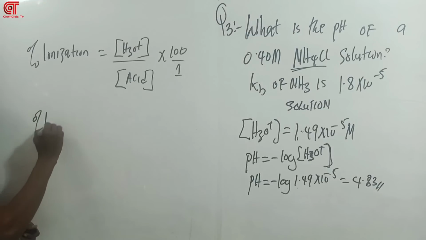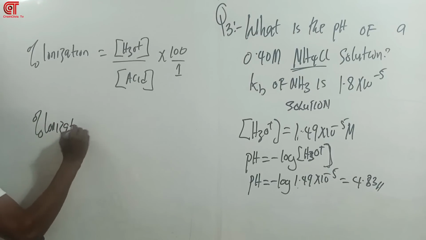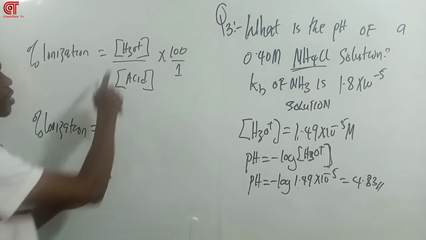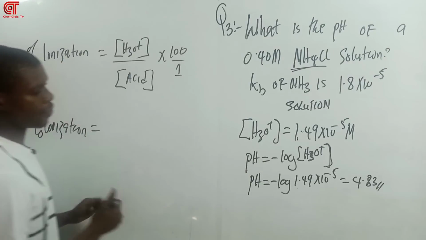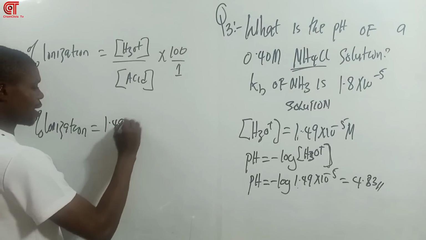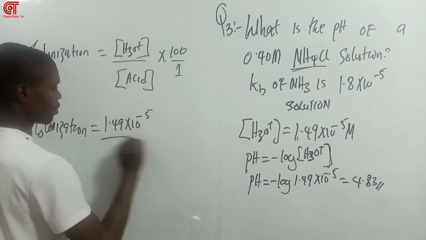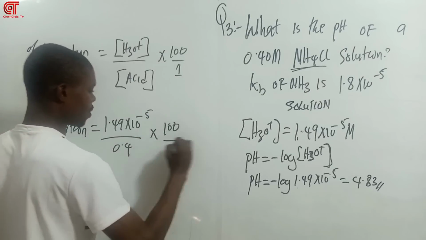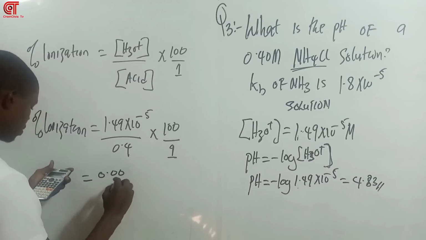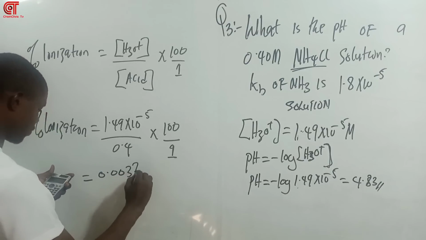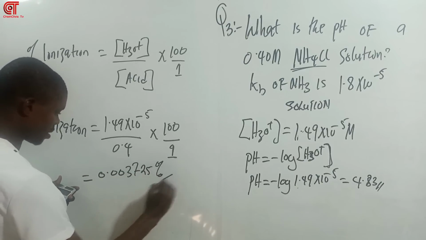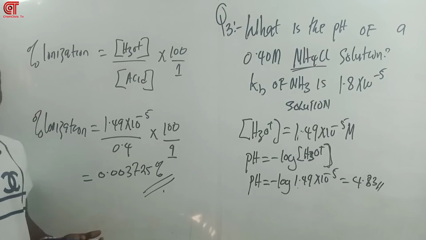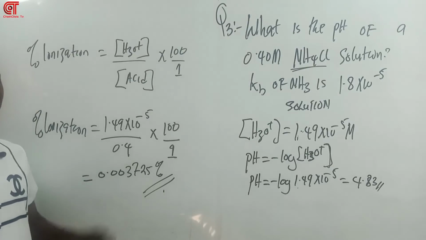Percentage ionization in this question equals, now remember the value of this one is 1.49 exponential minus 5, over the acid, 0.4, times 100, which is 0.003725%. So that is the answer. So we are done for today.